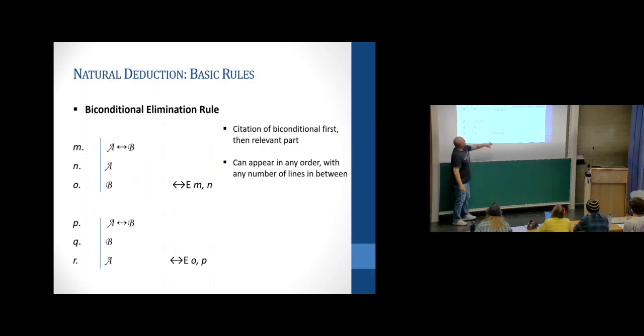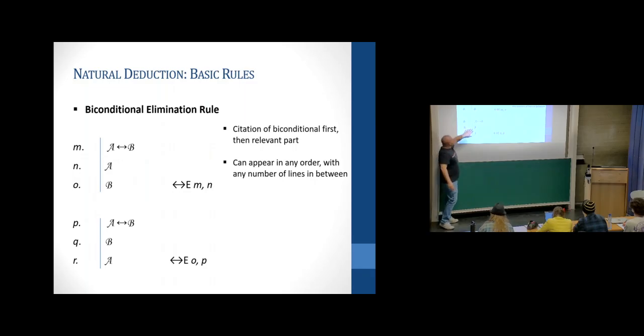And note here, because all we need is just the individual lines, we're back to citing just the lines. It's basically a version of conditional elimination. Just in this case, we can eliminate whichever side we want to get.